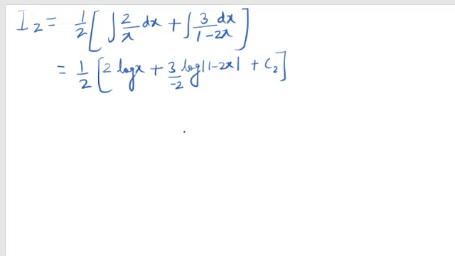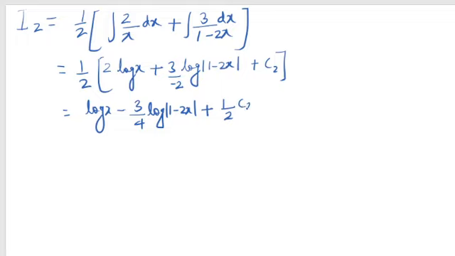Now we can simplify it a little. 2 will get cancelled out here, we will get only log x, and here minus 3 by 4 log of 1 minus 2x plus 1 by 2 c2 you can write, but there is no problem. 1 by 2 c2 or constant, this is again another constant, you can give it the name c3.